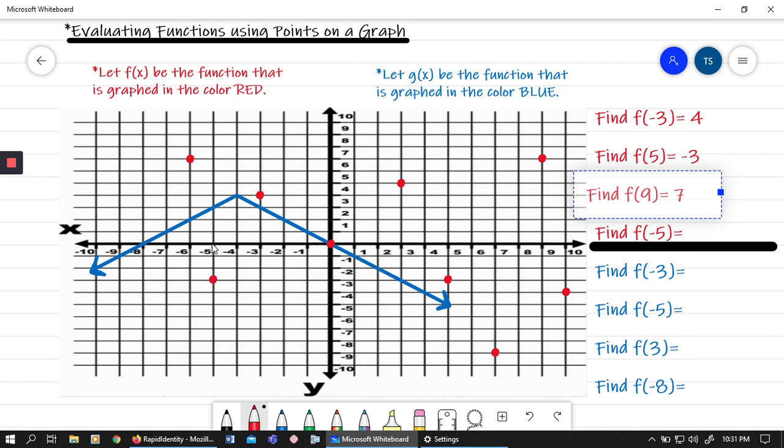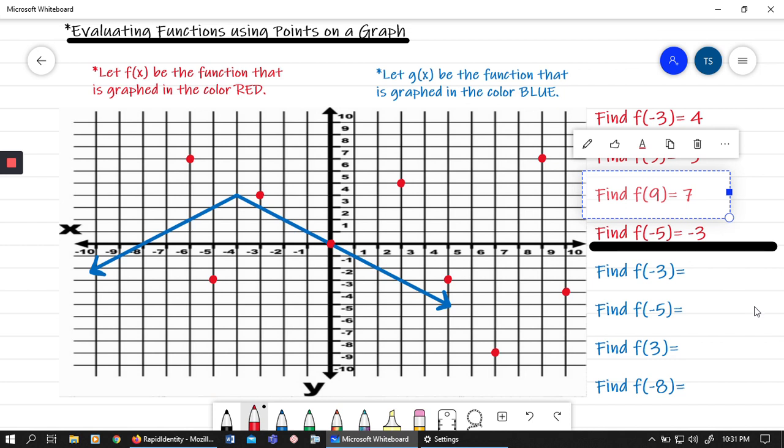So if we had to go down 3 at that x value of negative 5, that means that the y value there is negative 3. So we've evaluated those particular ones there.